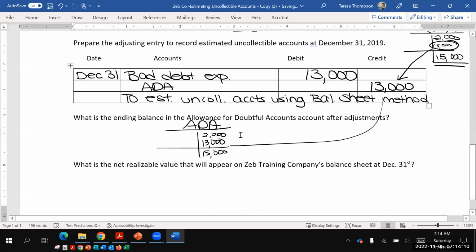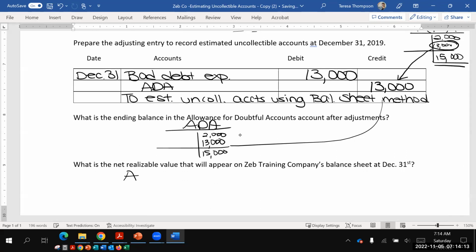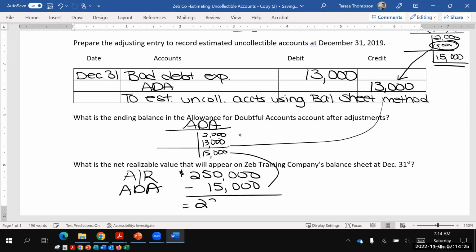And then how is this going to appear on the balance sheet? AR of 250 minus your ADA balance. Remember to bring forward the ending. It says 235, and that's called our net realizable value. Yay, good job. Hope you did well.